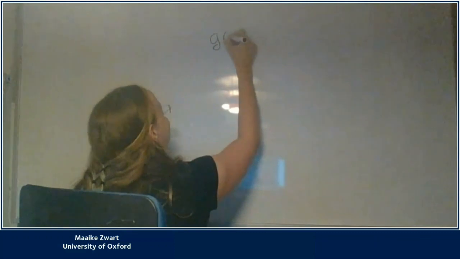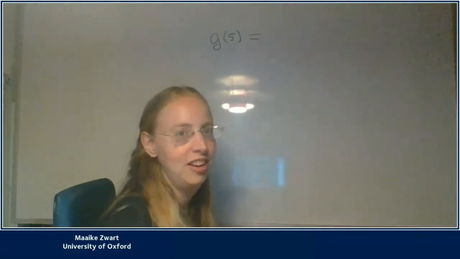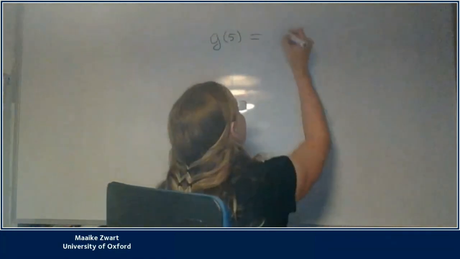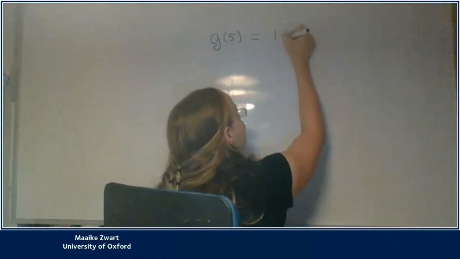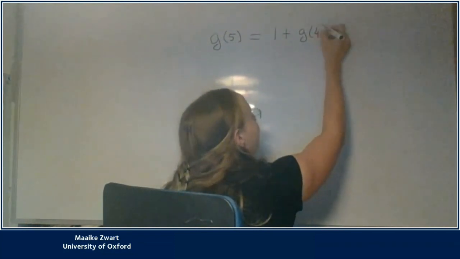So we have g of 5. Well, 5 is odd, so we're going to look at what happens then. It says that is 1 plus g of 4.